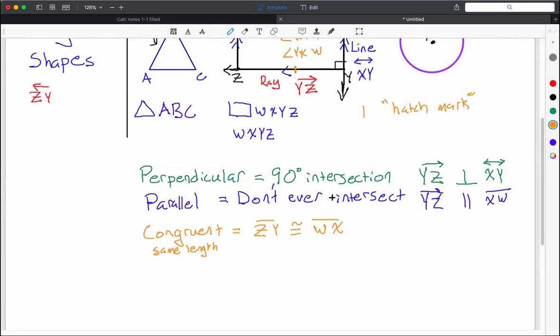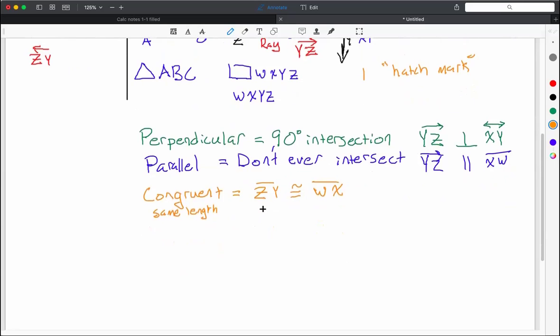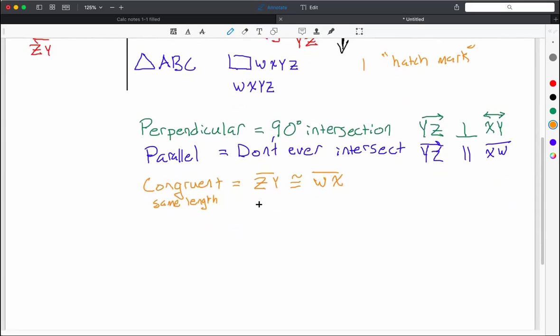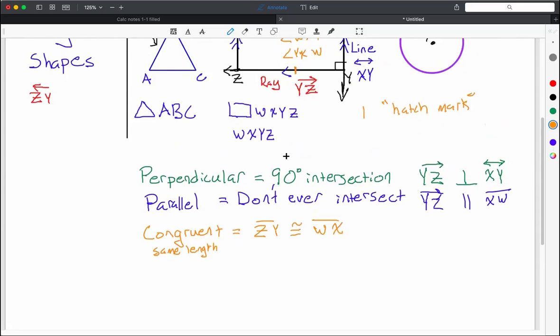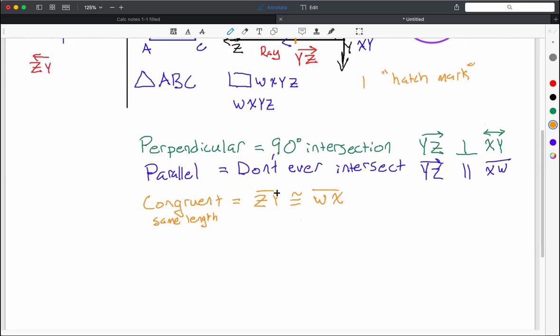With line segments, ZY and YZ are exactly the same thing, just like reading from left to right versus right to left. With rays, it's important to start at the point and go off to the one that goes towards infinity. But now that I'm only analyzing the line segment, they're interchangeable. Sorry for the confusion.